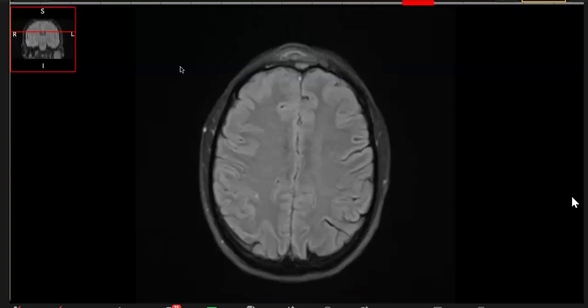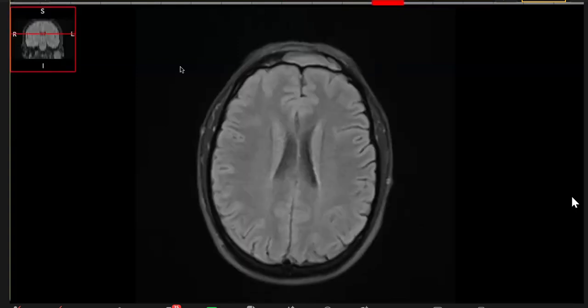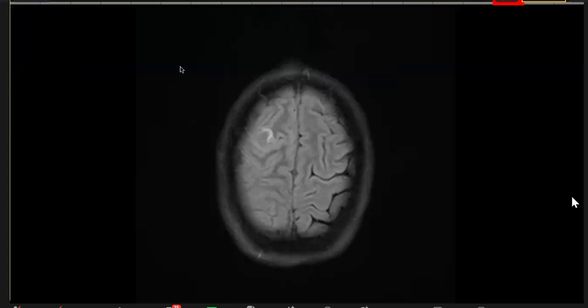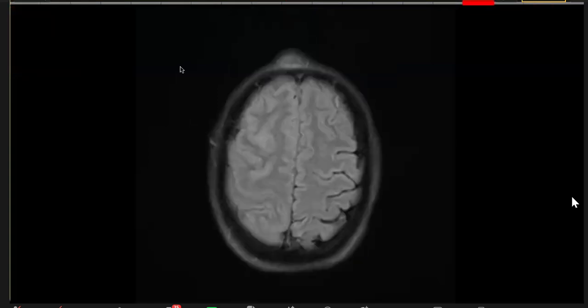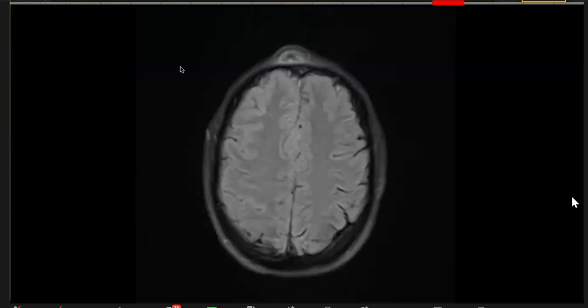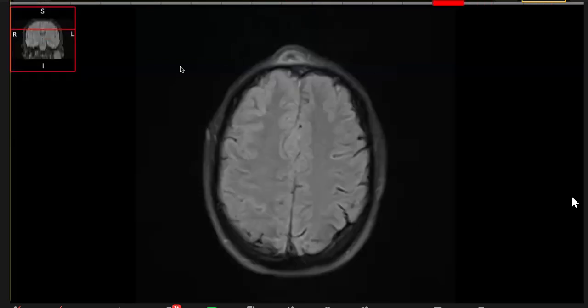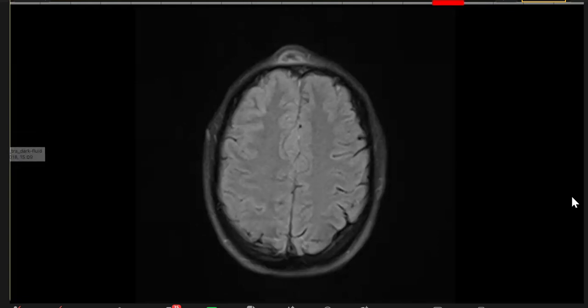I can see that there is high intensity soft tissue in the front, anterior to the frontal bone. Is there any contrast study for the MRI? Yeah, I'll show you contrast.